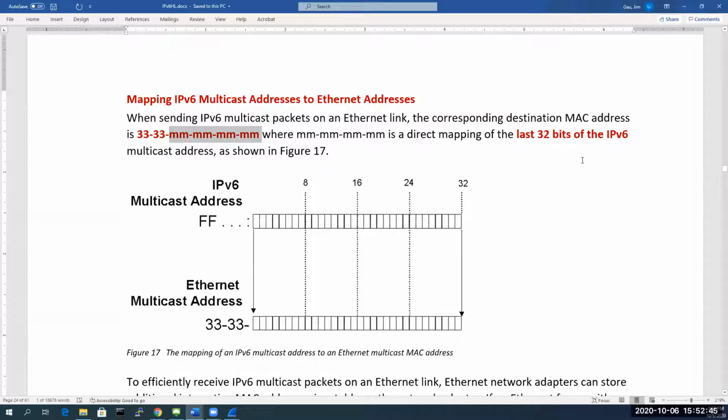The last 32-bit of the IPv6 multicast address will be stuck after the 3333, so you copy that into the MAC address. That is how we achieve this without bothering every single one of the nodes, using the multicast address to communicate and get the MAC address that we want in the neighbor solicitation context, of course.